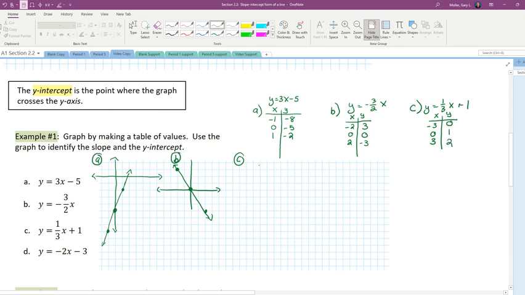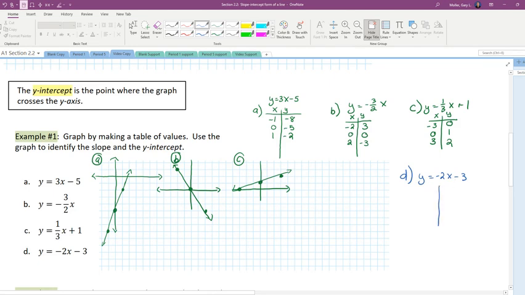So if I graph this one, negative 3, 0, 0, 1, and then 3, 2. And I'll just go ahead and do D now. y equals negative 2x minus 3.